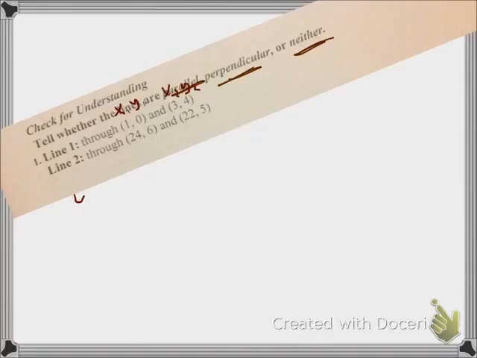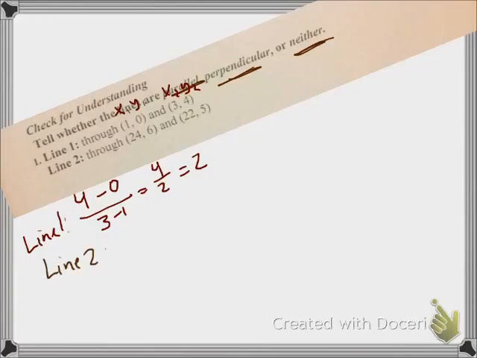So I'll go ahead and label them. 4 minus 0, 3 minus 1. So 4 minus 0 is 4. 3 minus 1 is 2. So that is a slope of 2. That's for line 1. Now for line 2, let's see x1, y1, x2, y2.